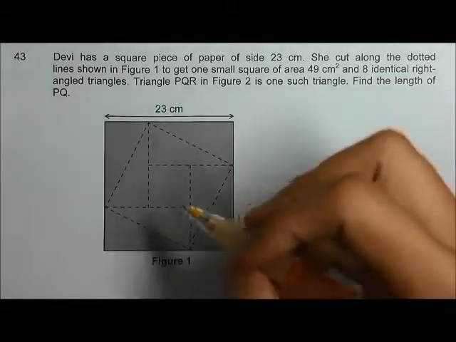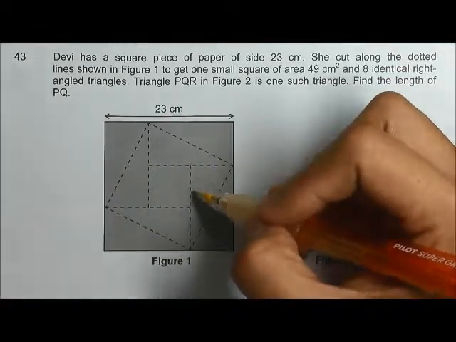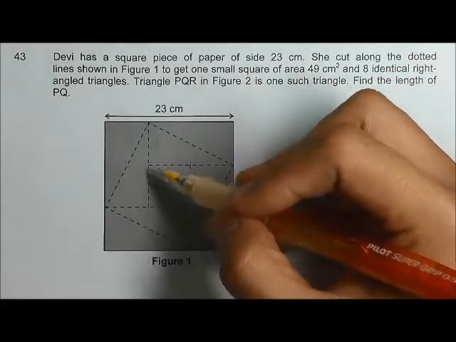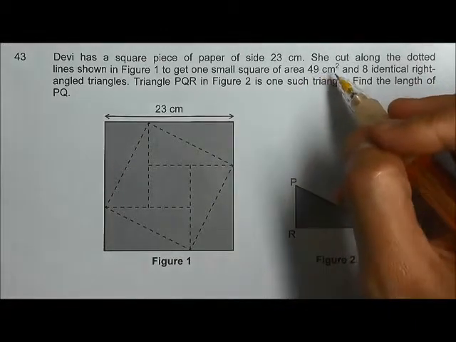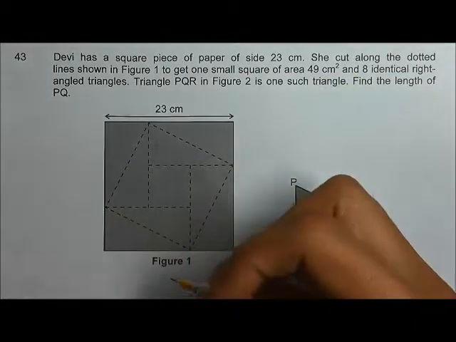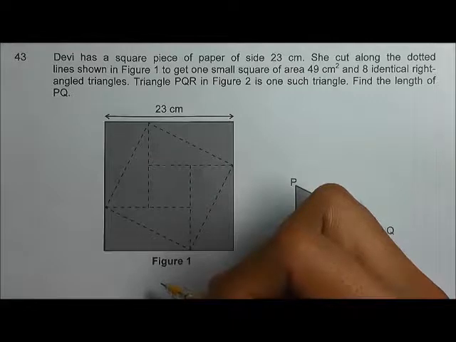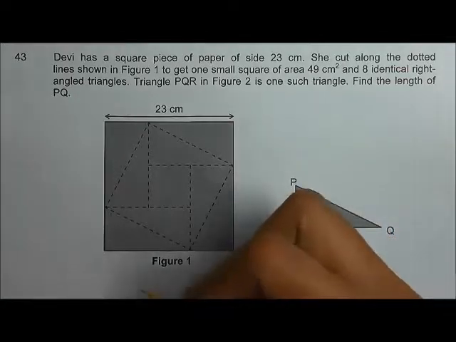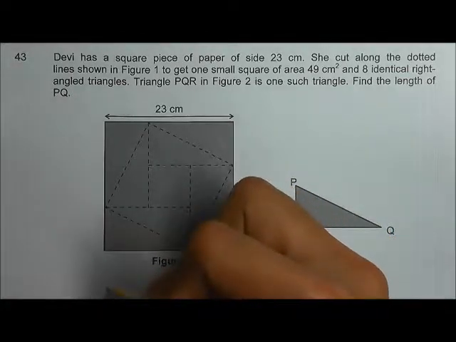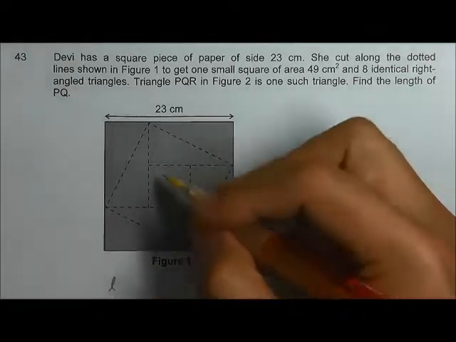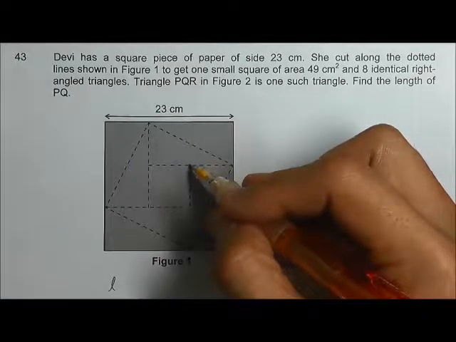Okay, in this question we are given the area of this small dotted square, and it's 49 cm square. So we know that the formula for the area of a square is L times L, which is L square. So given the area, we can find out what is the length of this small square.